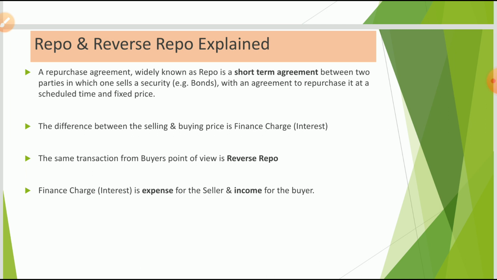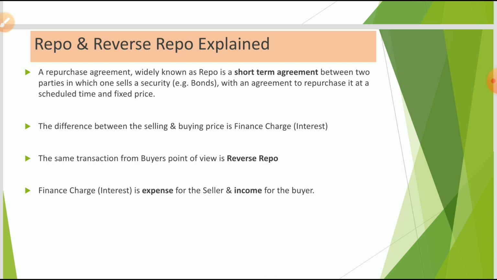So what happens if the seller is selling the securities at, say, $1 million and then buying them back at, say, $1.20 million? That means 0.20 million is the interest which he is paying. This interest is an expense for the seller and an income for the buyer.